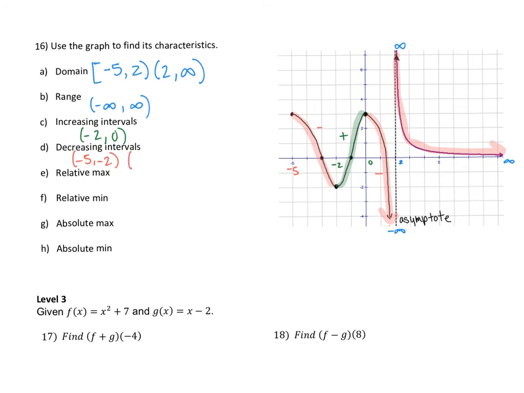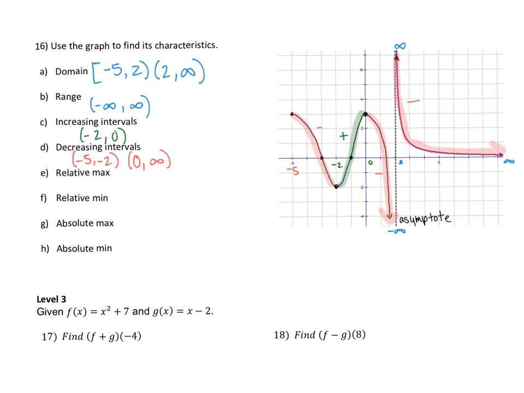There's no break. That's just because it's decreasing from 0 to 2, and then again decreasing from 2 to infinity. So I can just say this whole part of the x-axis is decreasing, and that's why I can represent it as one interval rather than two.